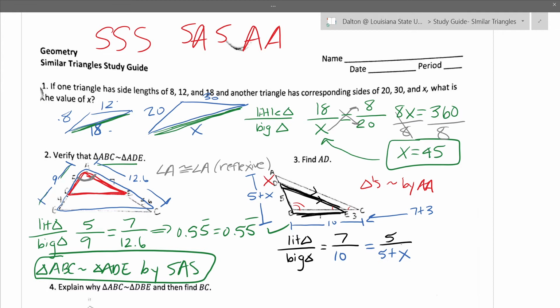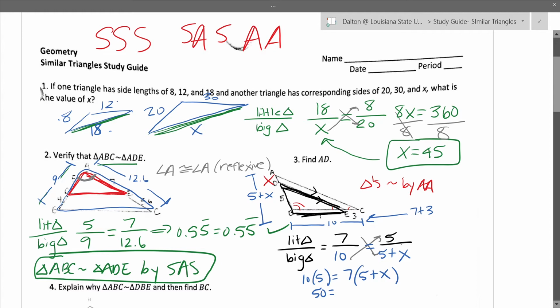So I'm going to go ahead and treat this, even though there is a variable here, this is called a binomial, it has 2 parts, I'm going to cross multiply. So if I cross multiply, I'm going to get 10 times 5 is equal to 7 times 5 plus x. And 5 plus x needs to go in parentheses. And if you think back to your algebra days, 10 times 5 is 50. We're going to distribute this 7 to the 5 and to the x.